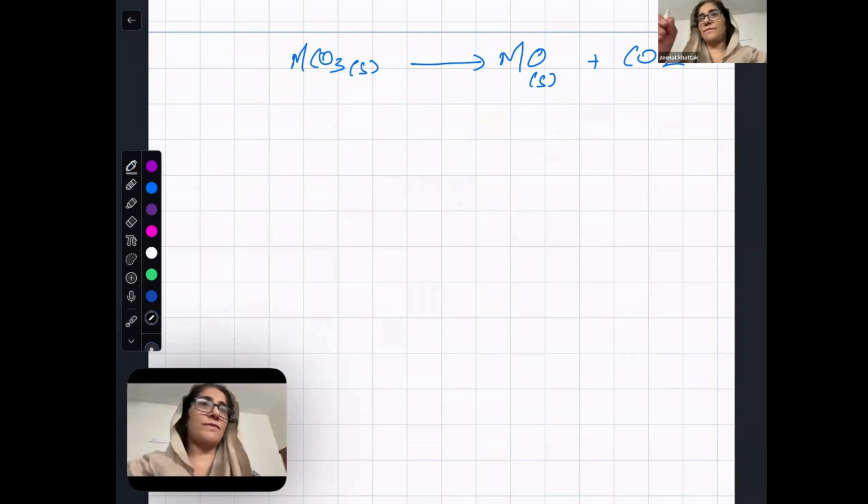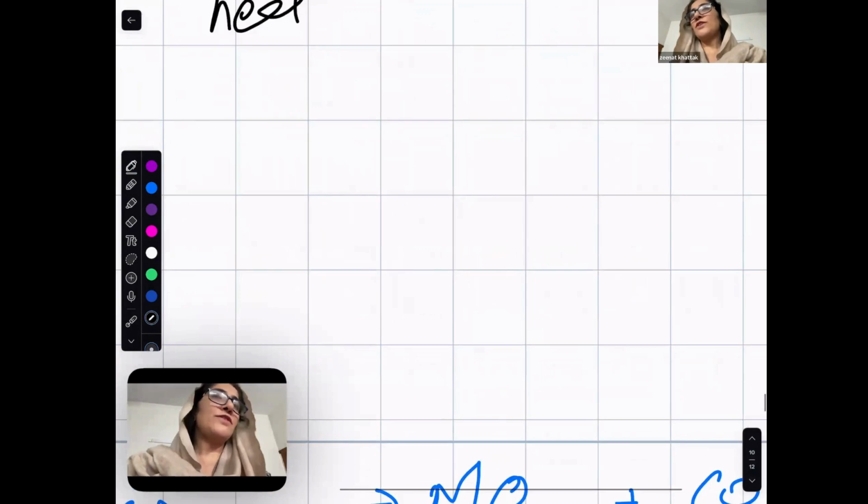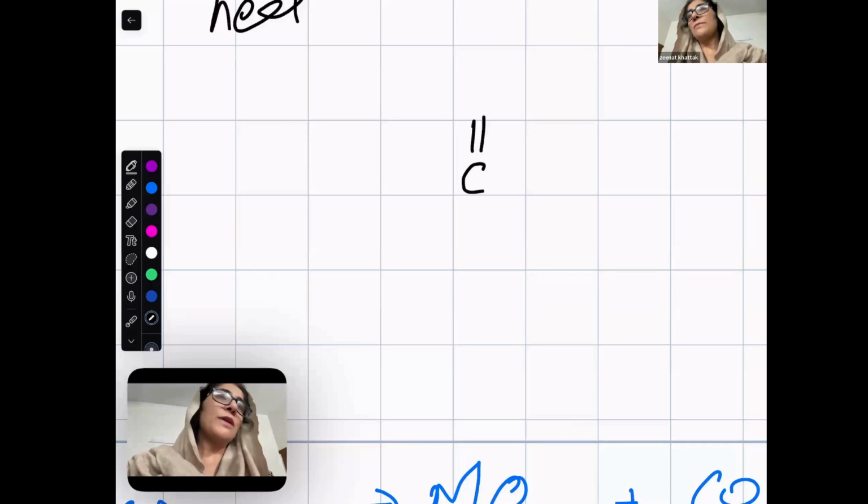What is the reason? Now, how is the carbonate? The carbonate is this way. This is C double bond O, like a carboxylic acid ion. This is a carboxylic acid. If I remove the H, it becomes negative.